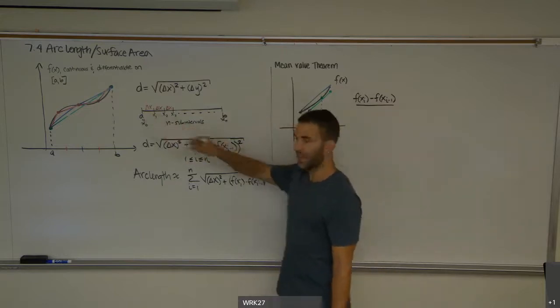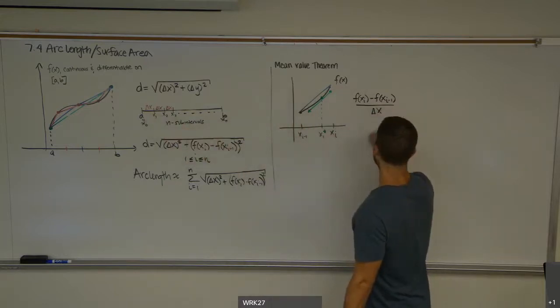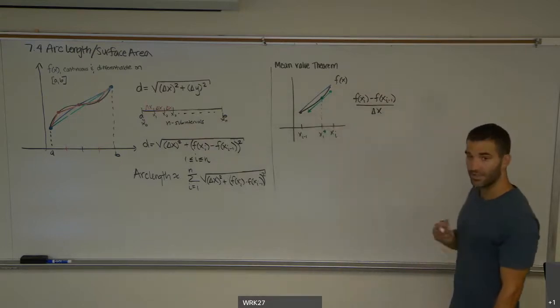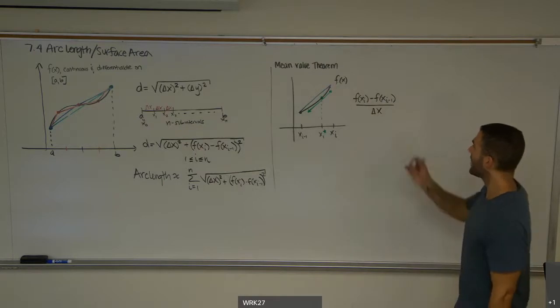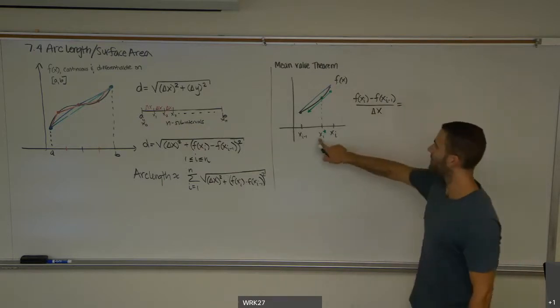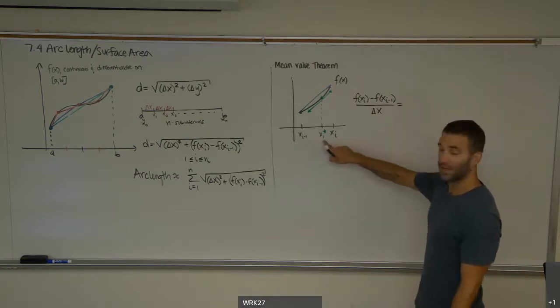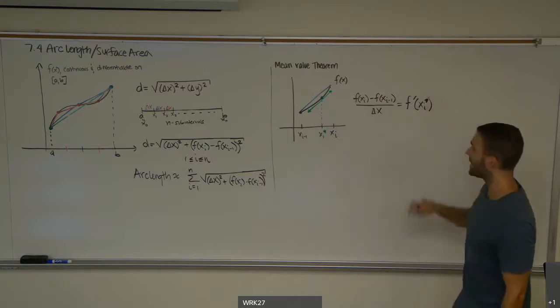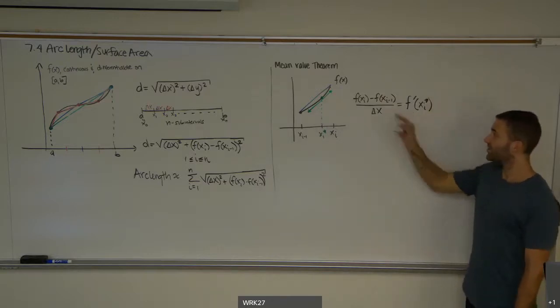Now remember, we call those delta x. So that would be the slope between the endpoints in this interval, that blue line, the slope of the blue line. The mean value theorem guarantees you that there is some point in between these two values, we'll call it x sub i star, where the slope of the tangent line, or f prime of x sub i star, that is the slope of the tangent line at x sub i star, is equal to that slope.